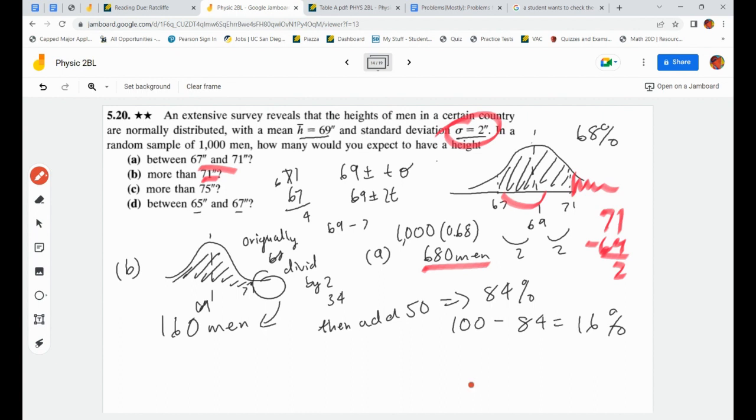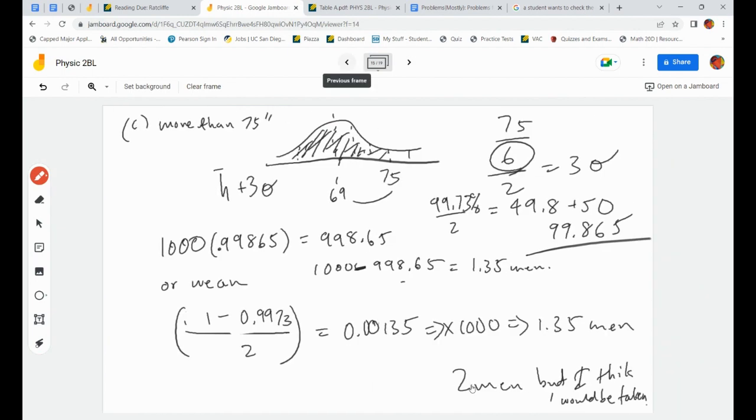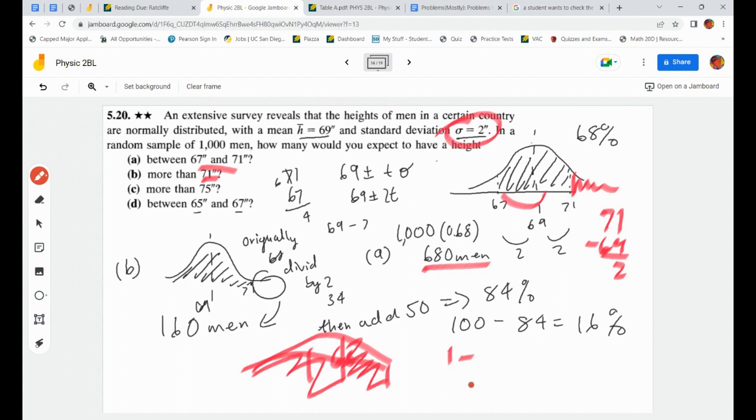So if we're thinking about this over here, we know that if I go over here 68, but I divide it by 2 because I want 34 and then add 50. That's one way to do it. The other way to do it, did I show it? No, not really. Okay, so it's 1 minus 68 divided by 2, right?